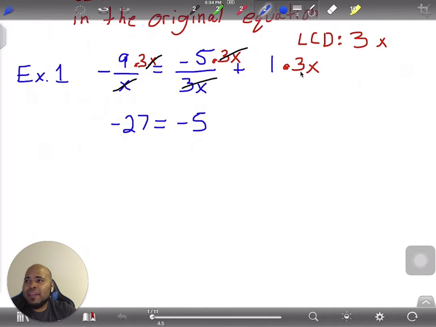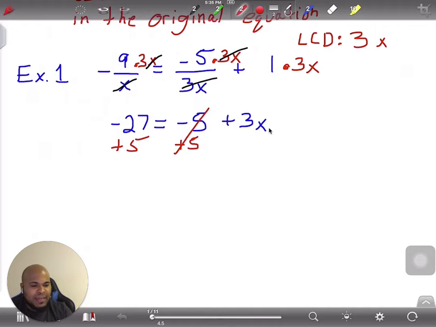Okay, and then 1 times 3x is just 3x, so plus 3x. And voila, I have a 2-step equation that I know how to solve, hopefully. So I'm going to add 5 to both sides. That way that cancels. And I get that -27 plus 5 is -22.